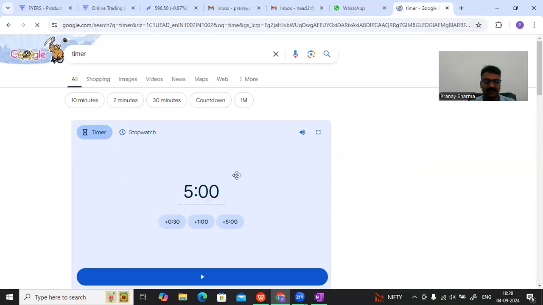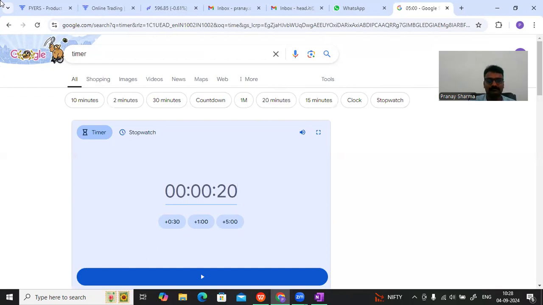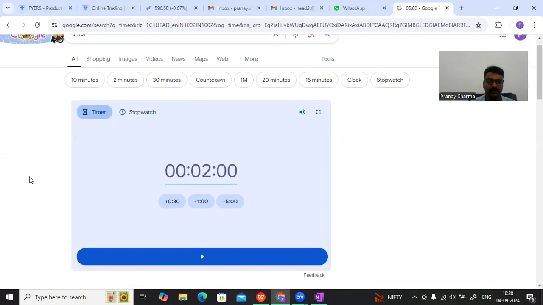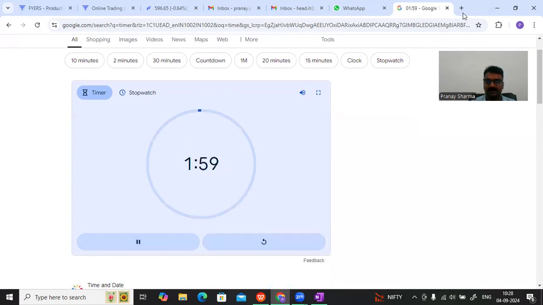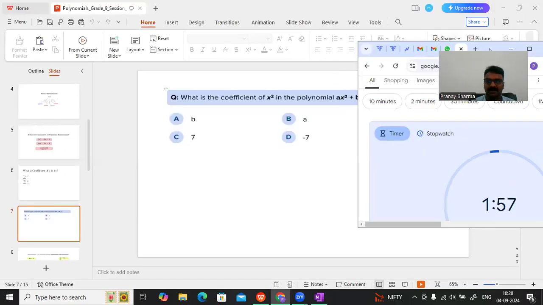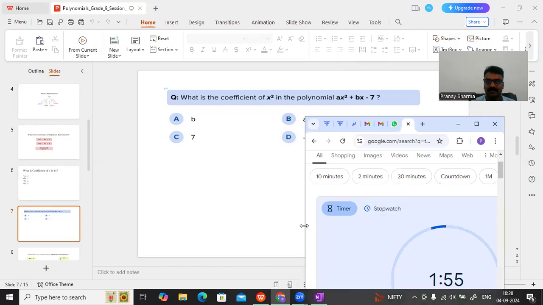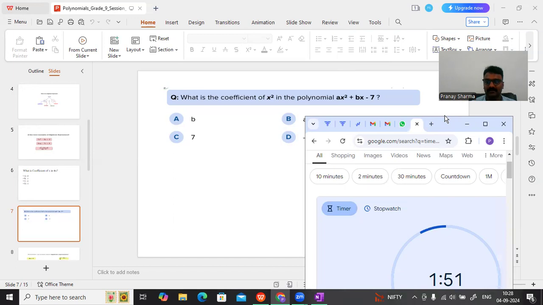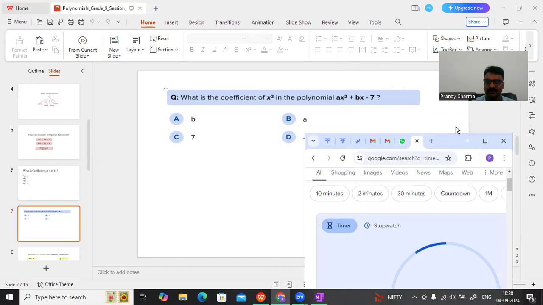I should be putting a timer of, let us say, 2 minutes. Let me start the timer. I'll be minimizing this as much as I can. However, it is not required that you see the timer because you will be getting a beep sound.